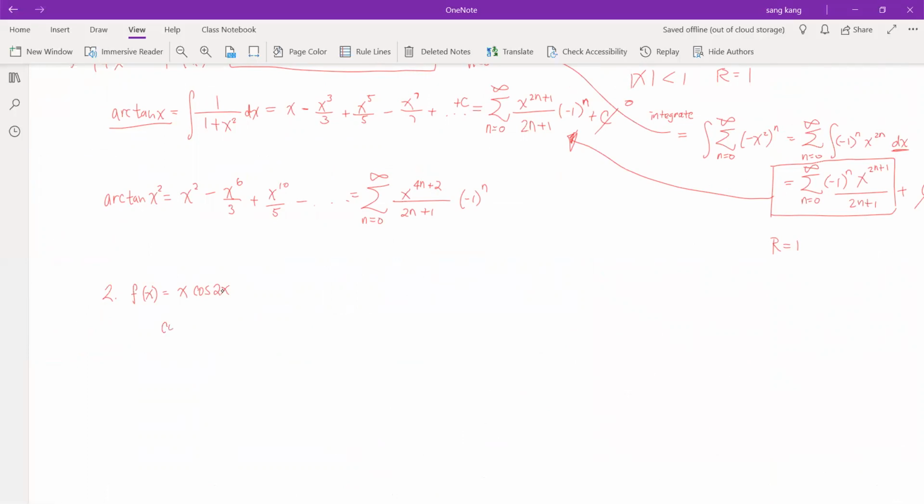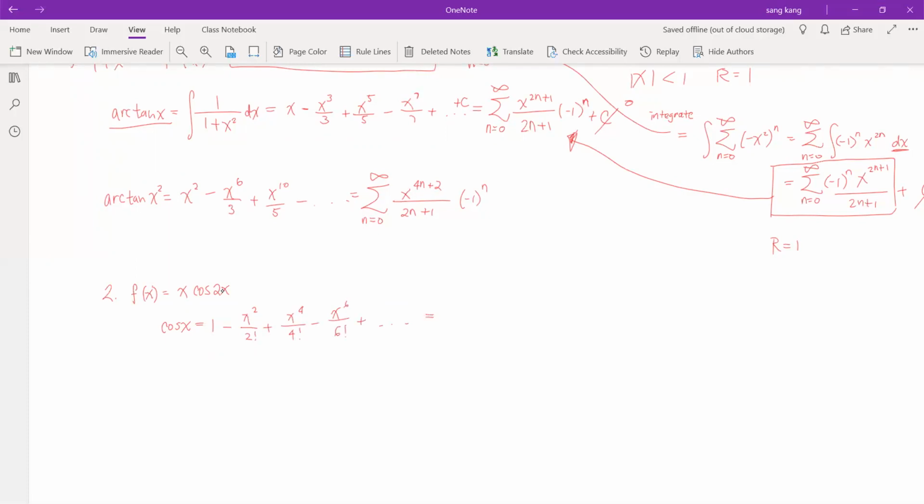So we'll start with cosine of x, which is 1 minus x squared over 2 factorial plus x to the 4th over 4 factorial minus, and so on.